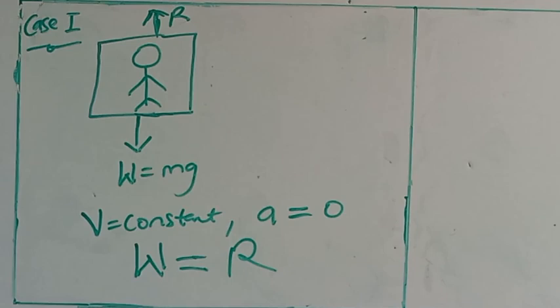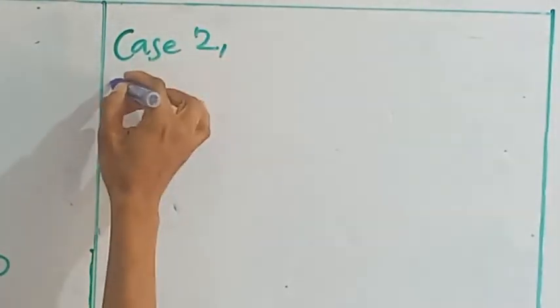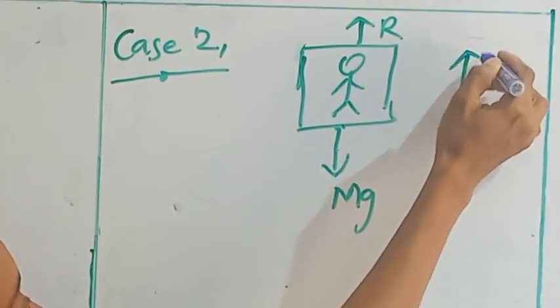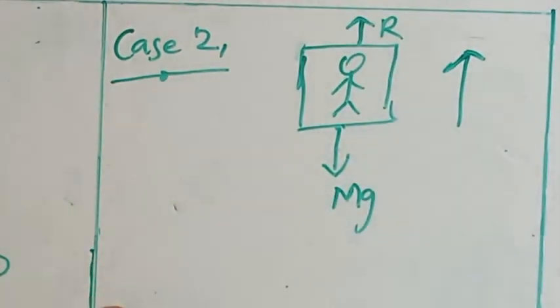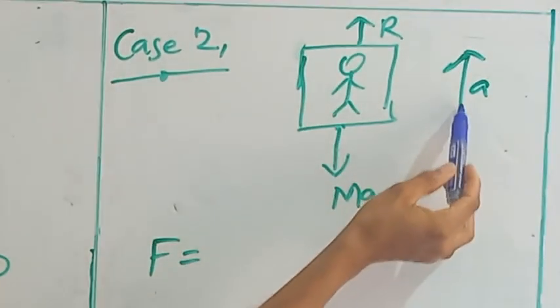Now let's look at case 2. If the lift is accelerating up and the man is moving up, that's why I'm using this arrow to indicate acceleration is up. What are we going to do? The resultant force F is going to be equal to, remember, is moving up.